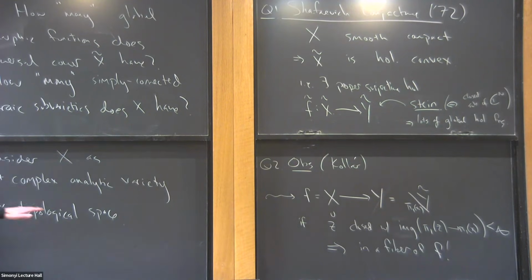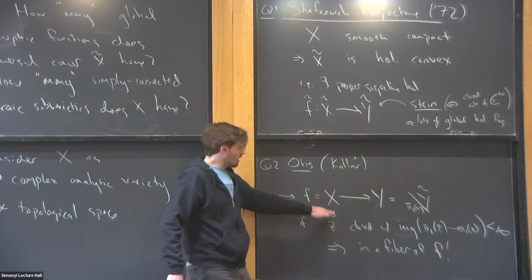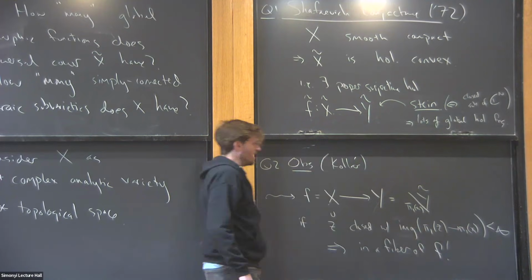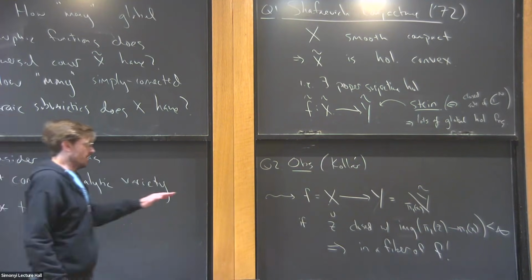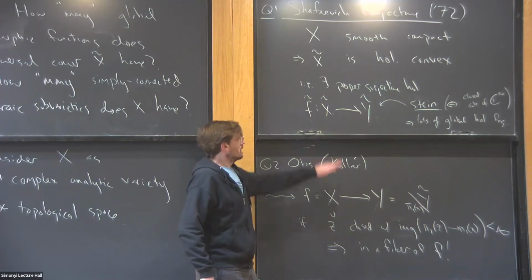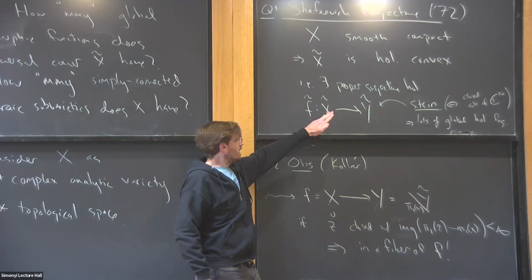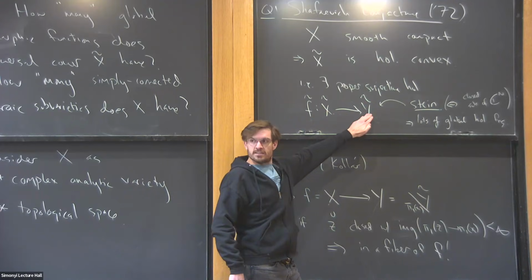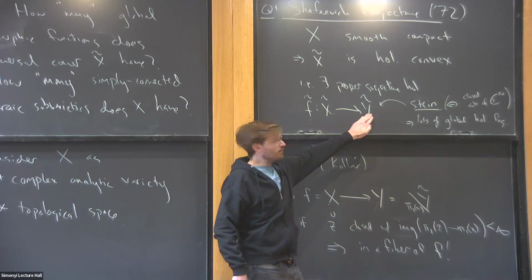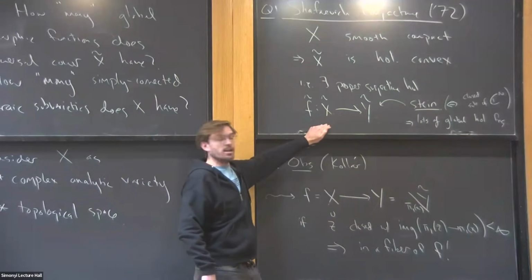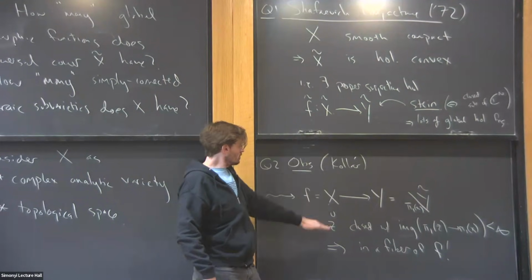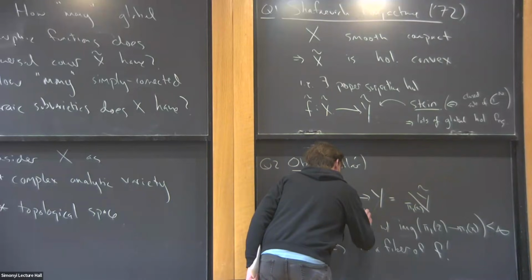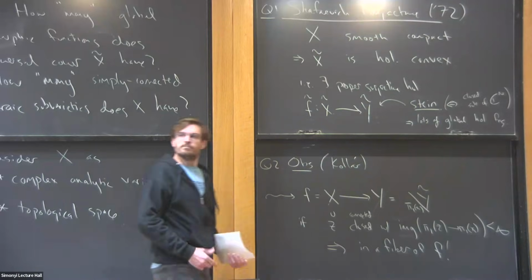So why is that? If we have this closed algebraic subvariety of X with finite image on pi 1, it may as well have trivial image on pi 1, in which case Z lifts all the way up to X tilde. So now we have a compact subvariety of X tilde, and yet any two points of Y tilde can be separated by a global holomorphic function, and any global holomorphic function is constant on that compact subvariety. So Z must be contained in a fiber. I should say it's closed and connected. Okay?